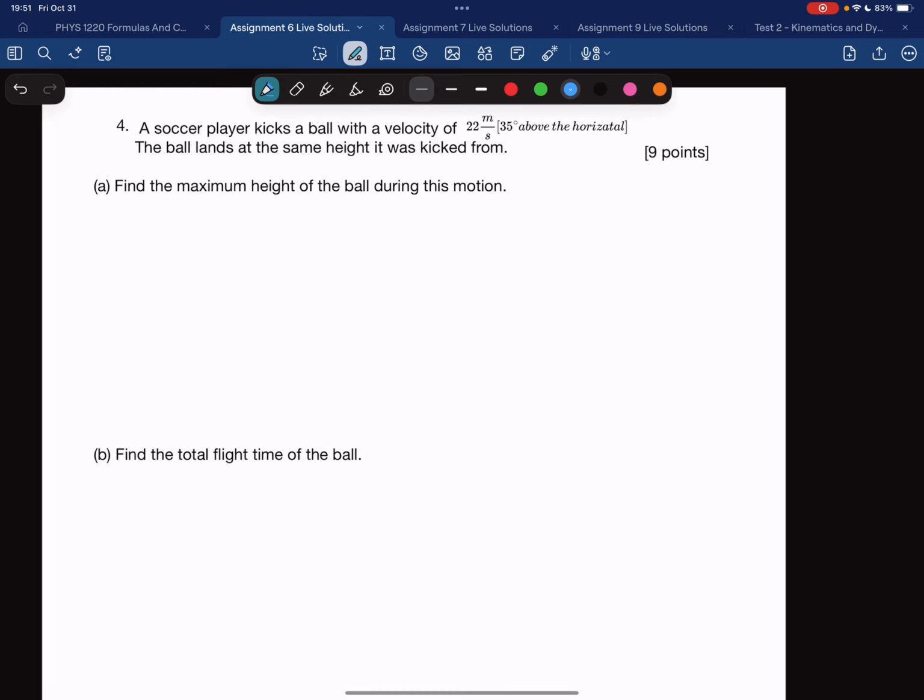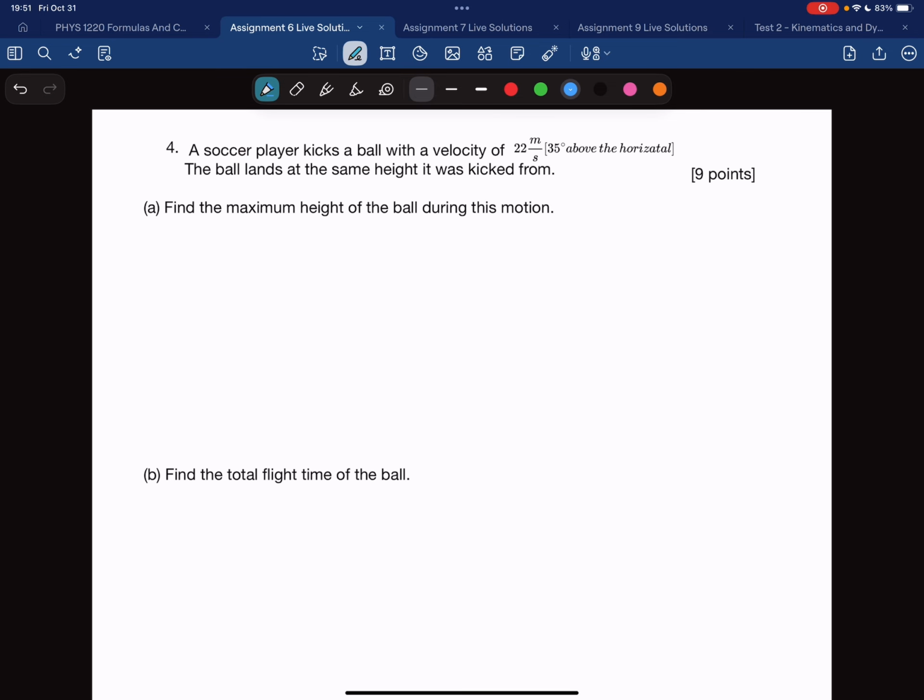Question 4. A soccer player kicks the ball with a velocity of 22 meters per second at 35 degrees above the horizontal. The ball lands at the same height it was kicked from. That is important. That lets us use our special case equations here. So maximum height, that is our y max equation here, where we have initial velocity squared times sine squared theta I over 2g.